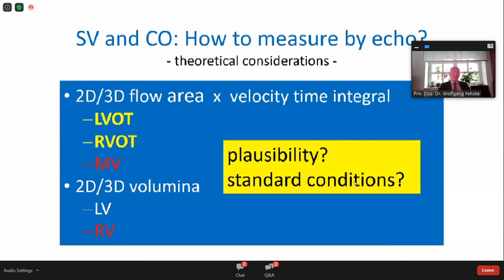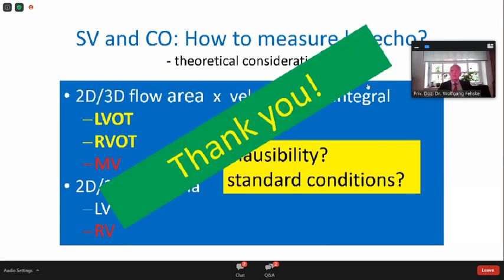The mitral valve is not serious if you want to calculate by velocity time interval, and left ventricular volume by 2D or 3D echocardiography remains very, very difficult to do. It depends on the configuration of the ventricle, and we routinely will not accept that as a quantitative aspect to calculate mitral regurgitation. So I thank you for your attention.